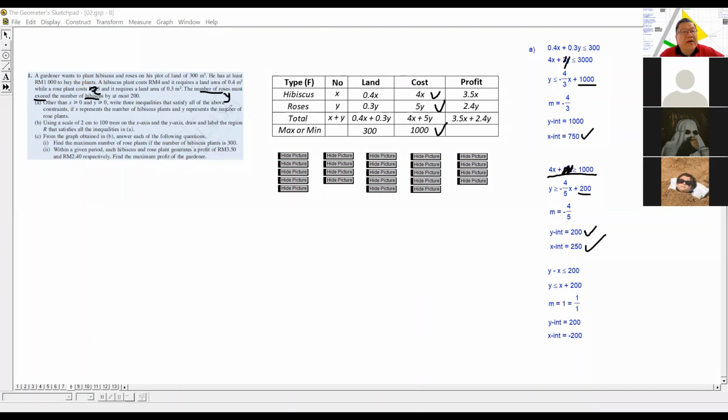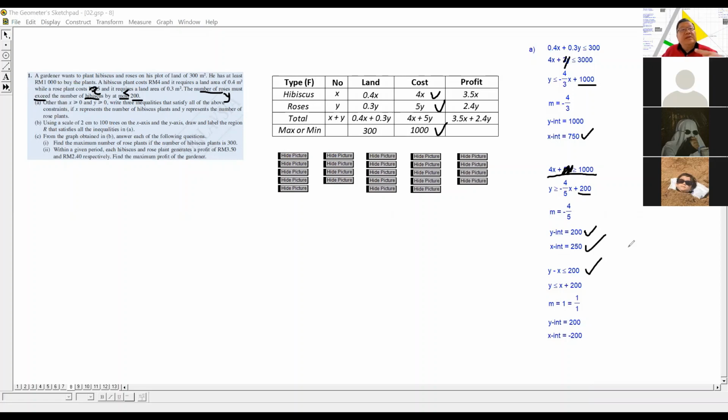Hibiscus x. So y exceeds x at most means less than 200. So y minus x must be less than 200. They say at most 200. At most 200 means less than 200.